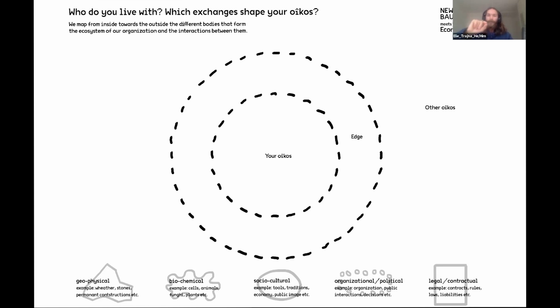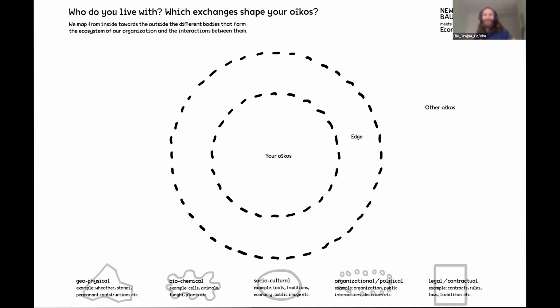First, it's gonna be about naming these different bodies and associating them with a life world. These are the five shapes, five realms, that are at the bottom of the map.